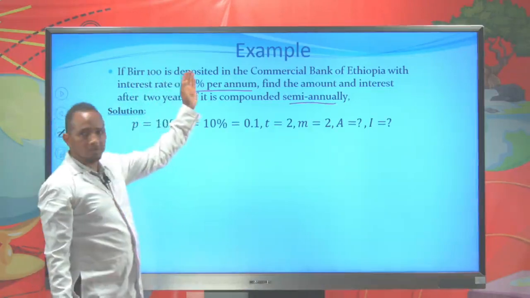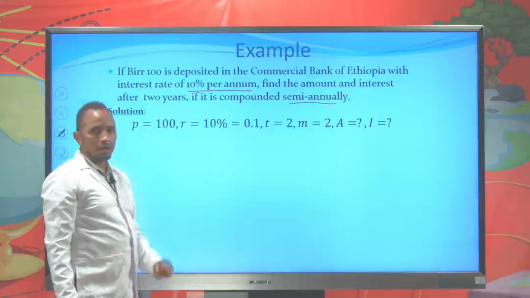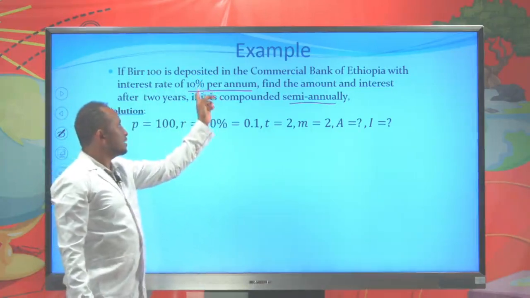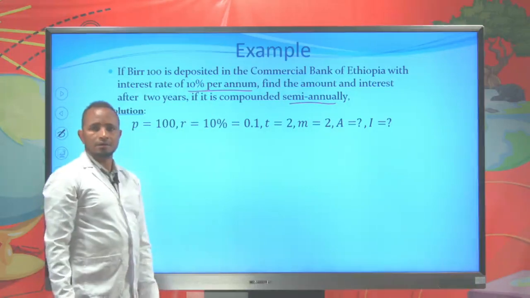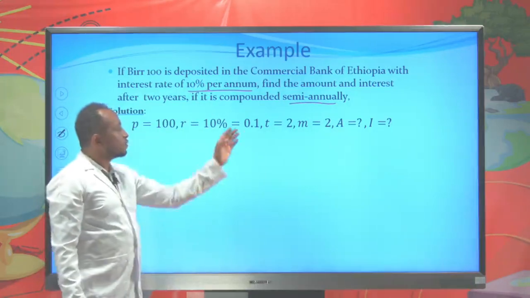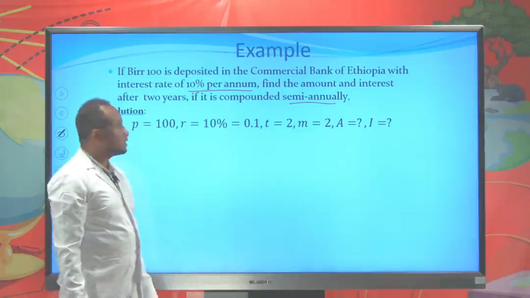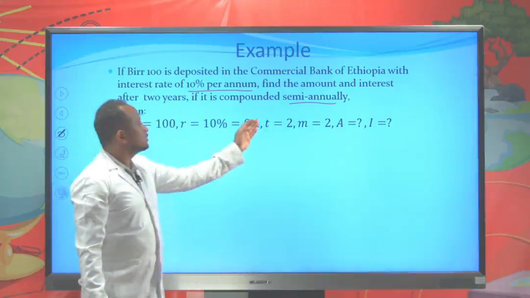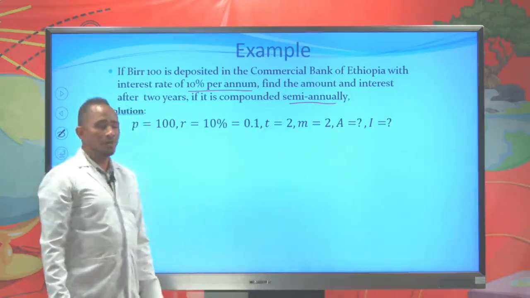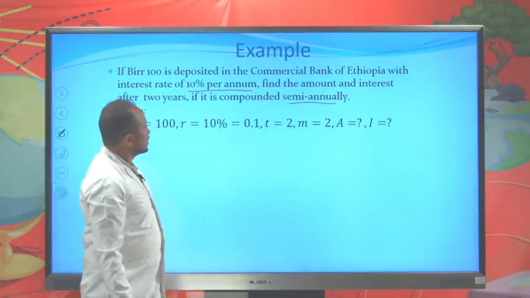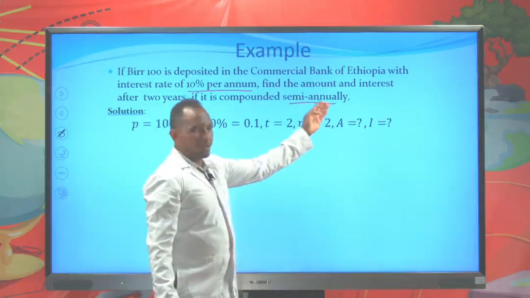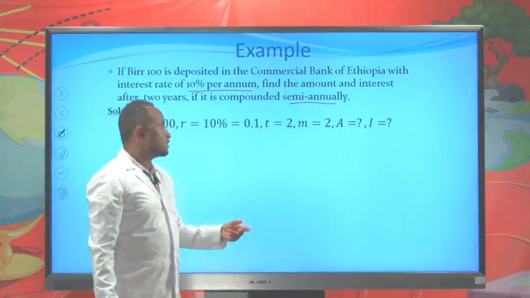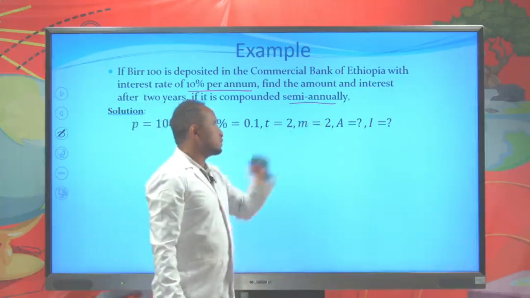The principal is given, it is 100, and the interest rate is given, it is 10% per year. 10% means it is 0.1, and T is also given, the money is deposited for 2 years, so T is 2 years, and it is compounded semi-annually, so semi-annually is twice in a year, so the conversion period M is 2.